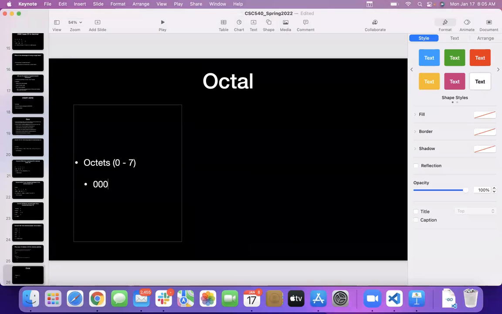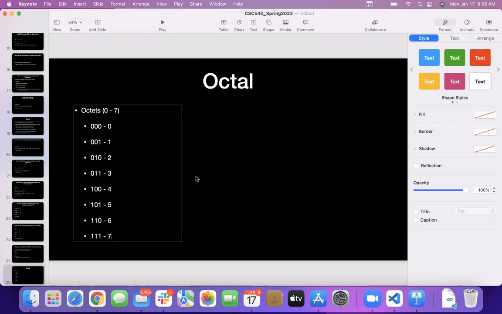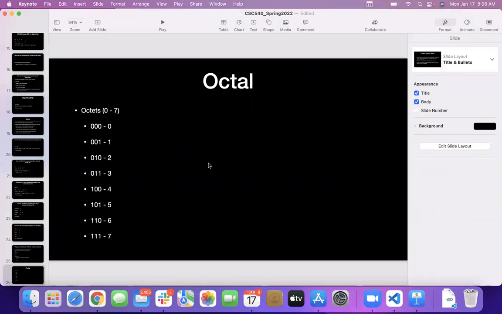So that is 000, 001, 010, 011, 100, 101, 110, and 111. So this is a 0, this is a 1, a 2, a 3, a 4, a 5, a 6, and a 7.